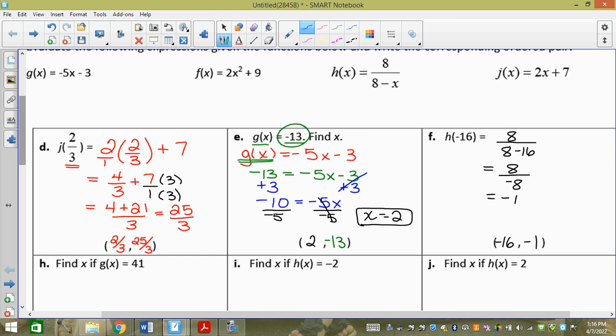So you should be getting negative 1. And you could write this as h of negative 16 equals negative 1. That's function notation for representing a coordinate. Correct? We talked about this in polynomials.